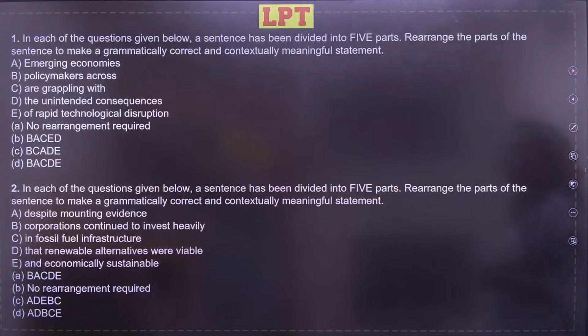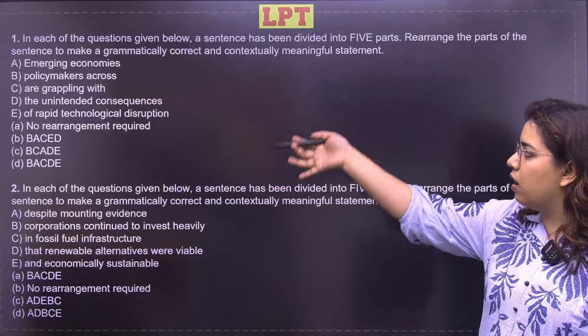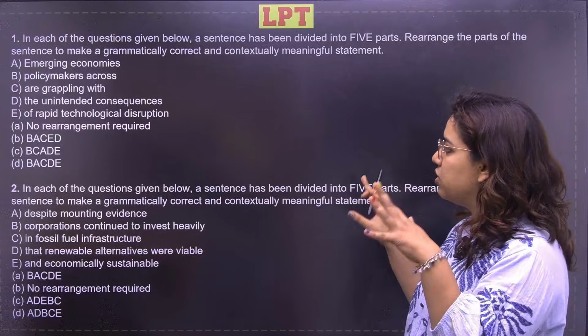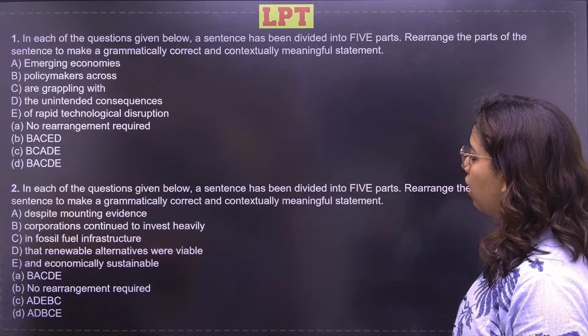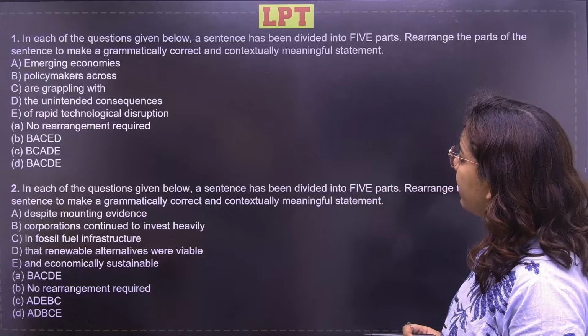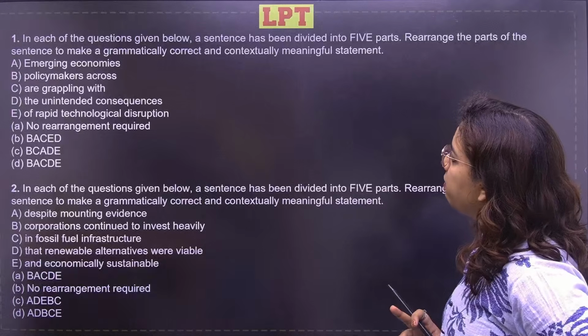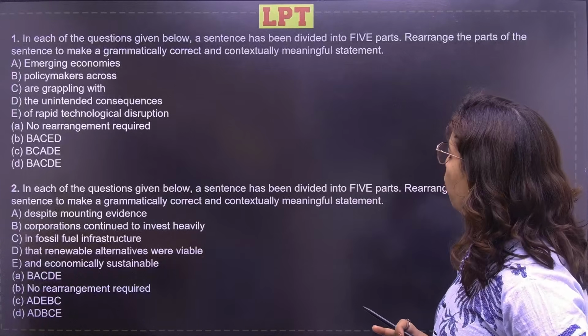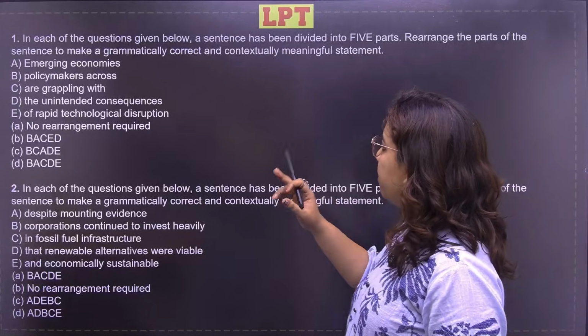First question: 5 sections of a sentence are given to you and you are supposed to rearrange them properly. First I have to see, A and B look like a good intro. So I would rather go with policymakers for emerging economies.